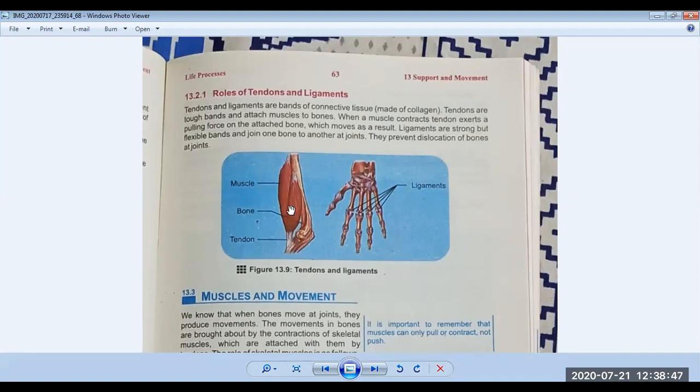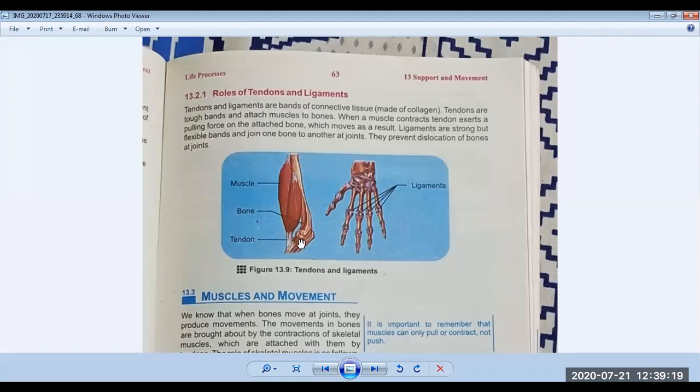This is a photograph of the biceps muscle, and this muscle is attached to our bone with a tough band, and this tough band is called a tendon. When a muscle contracts, you can see here the muscle squeezes. At that time, the tendon exerts a pulling force on the attachment, when we want to pull something.